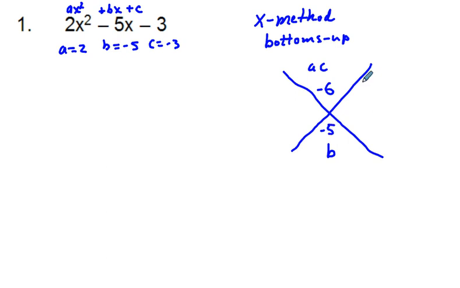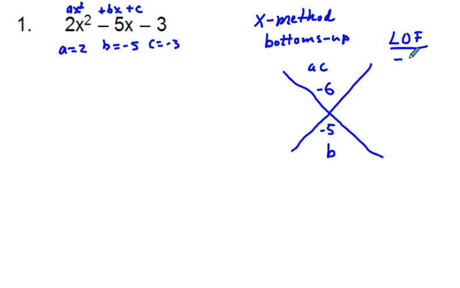And now what we're going to look for is two numbers. And I'm going to write LOF for list of factors, two numbers whose product is negative 6, but whose sum is negative 5. So I'm just going to write out a list of possible factors.